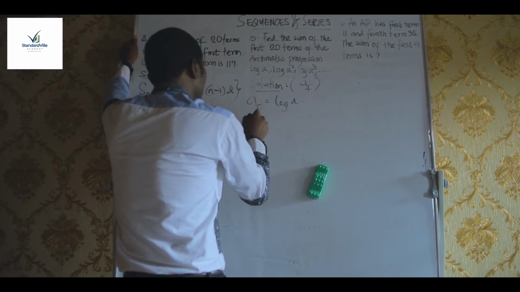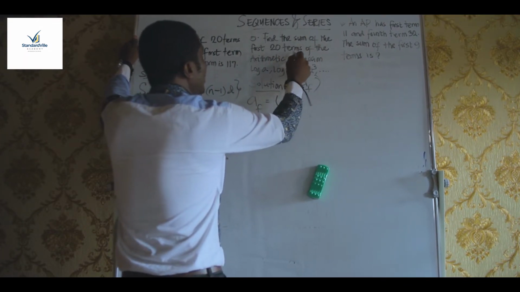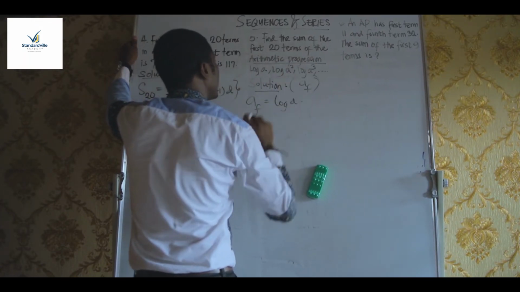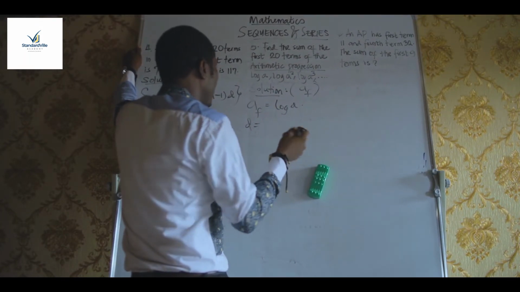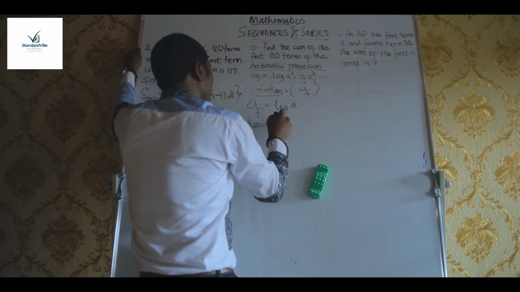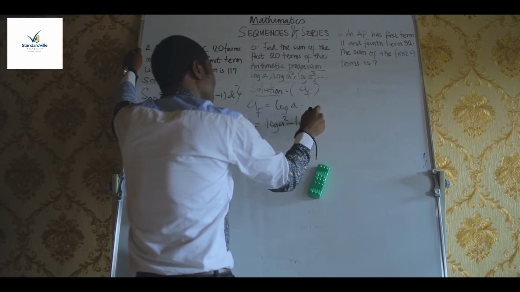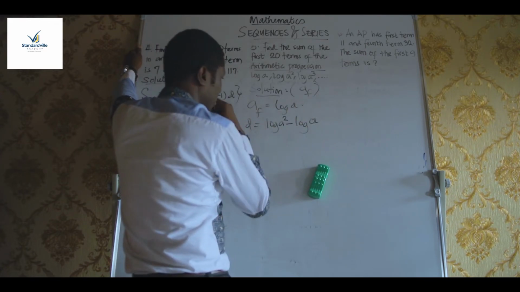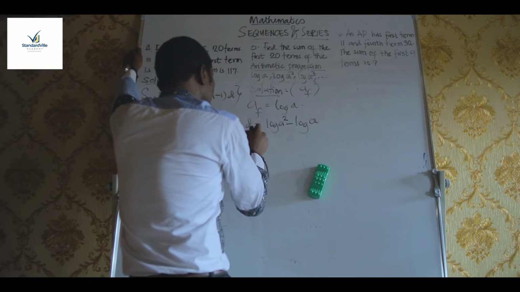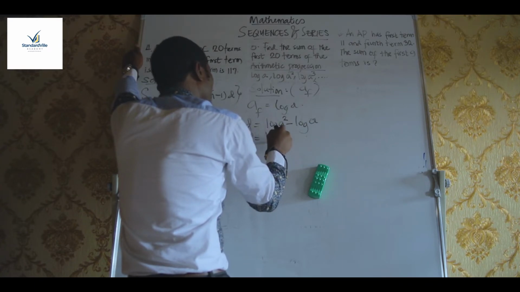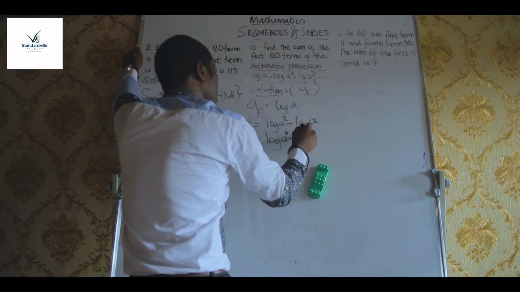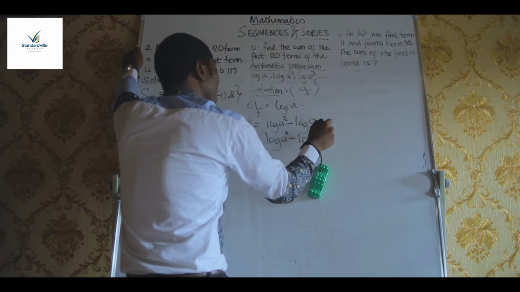What is D? The common difference. Now, they said it's an AP, so I have the permission to say D is log of A squared minus log of A. This D is also equal to log of A cubed minus log of A squared.